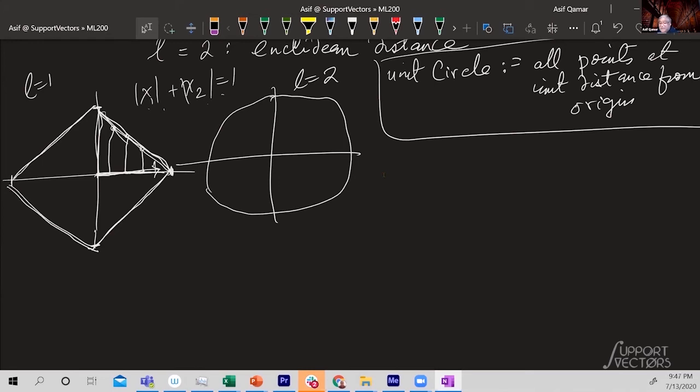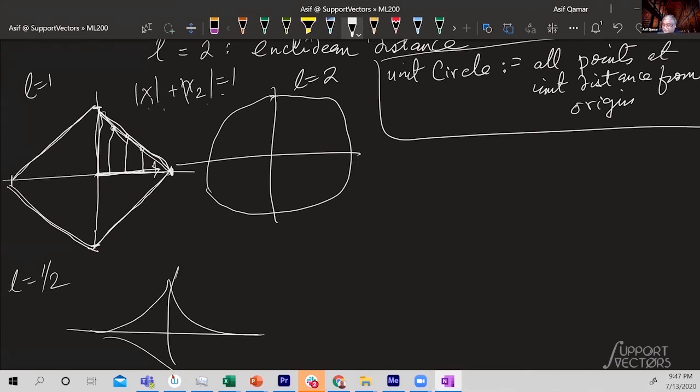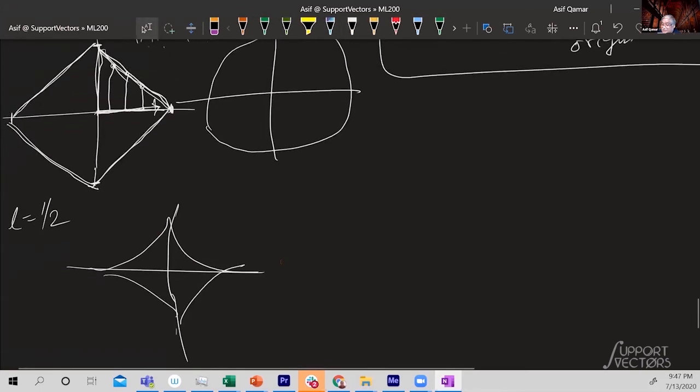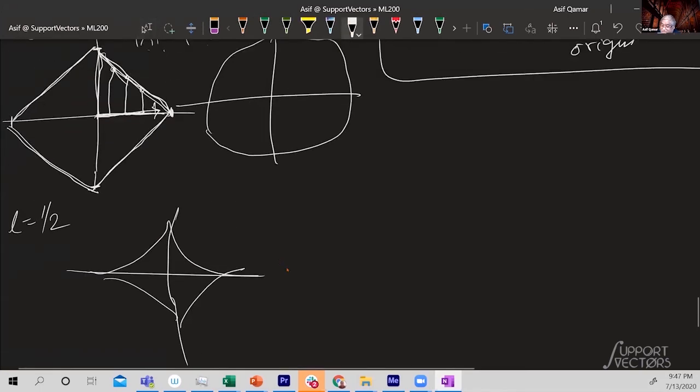In fact, if you go to L is equal to half, it will become much more pointy, and we will need this intuition when we do regularization. It will begin to look like that. So this is L is equal to 1. This is L is equal to 2.